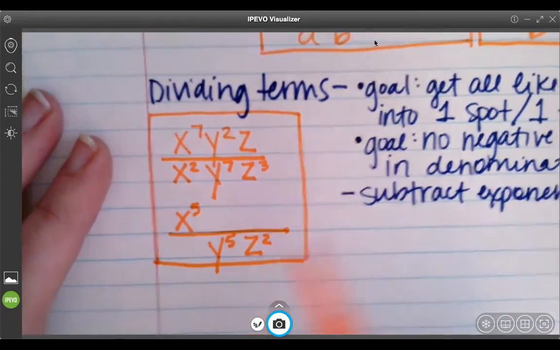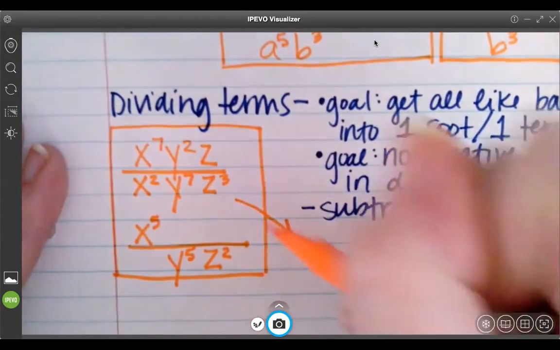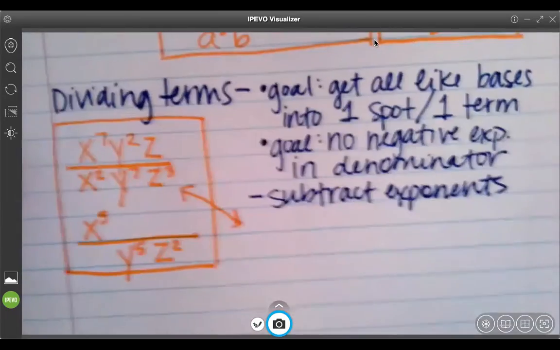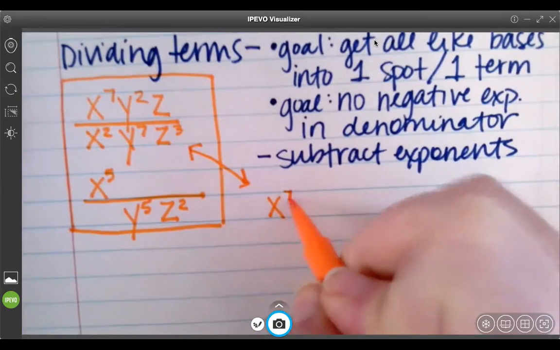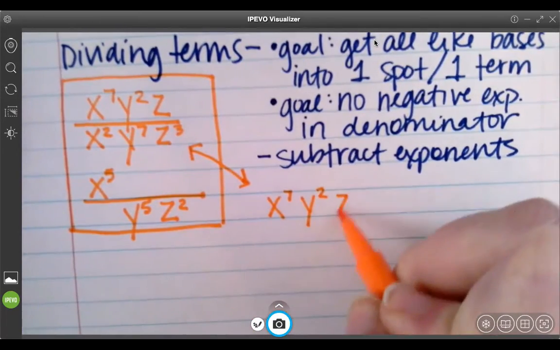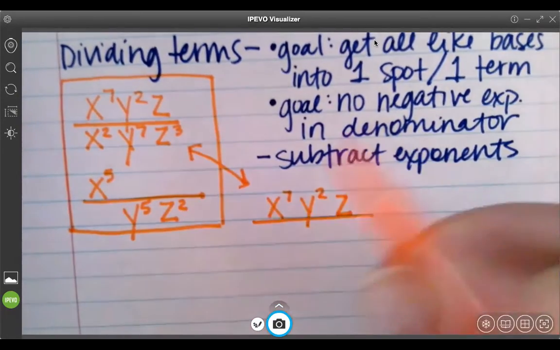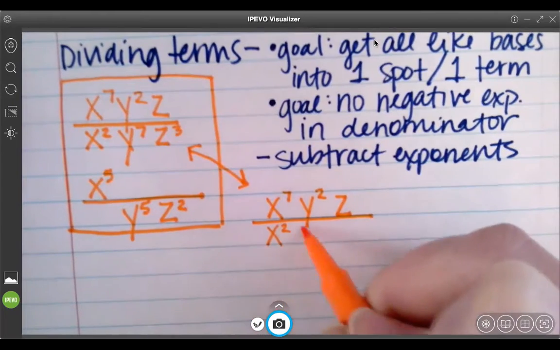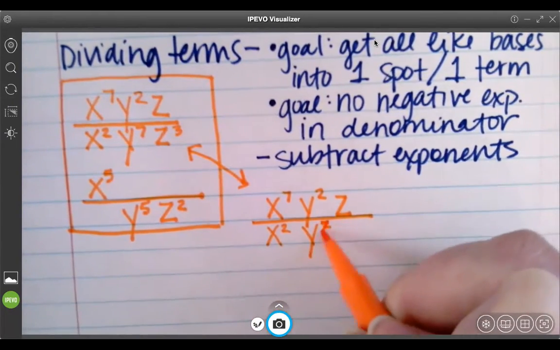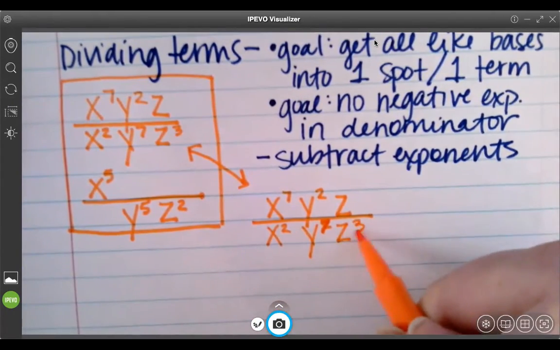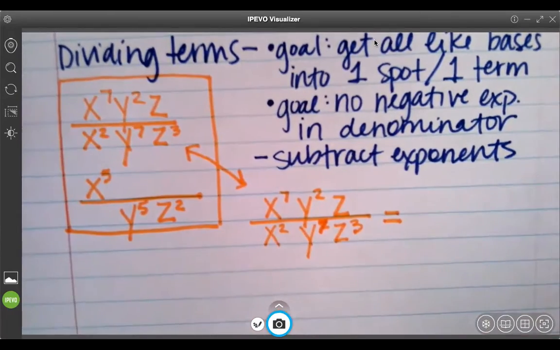The other way that you can do it, we're just going to kind of link these two. We're going to do the same example 2 different ways. X to the 7th, y squared, z over x squared, y to the 7th, z cubed. I'm going to go side to side on this one.